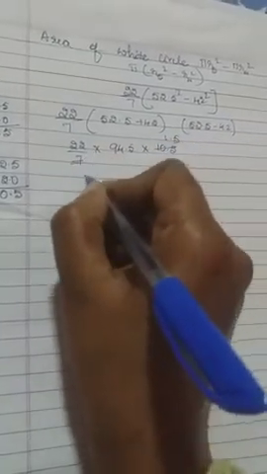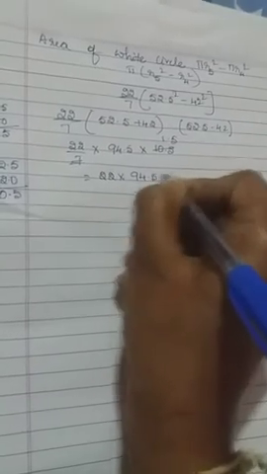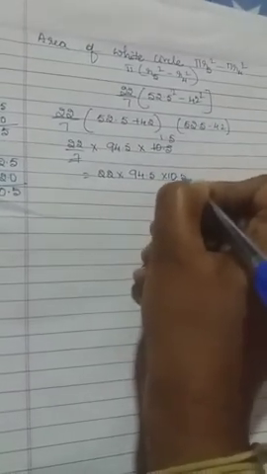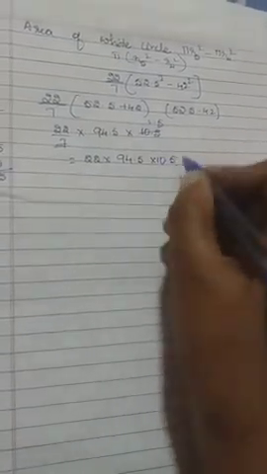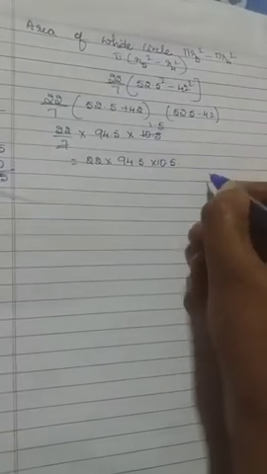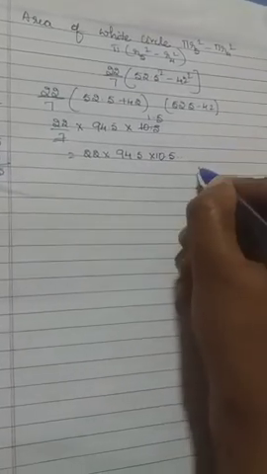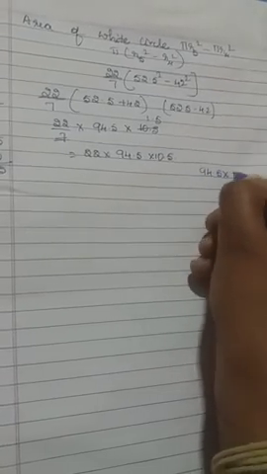So if we do the division, 10.5 again we got here 1.5. 7 ones are 7, 3 35, 7 5s are. So finally we got 22 into 94.5 into 10.5. So if we do the multiplication here, 22 into 94.5 into 10.5, let's do the multiplication. 94.5 into 22, so how much can we get here?